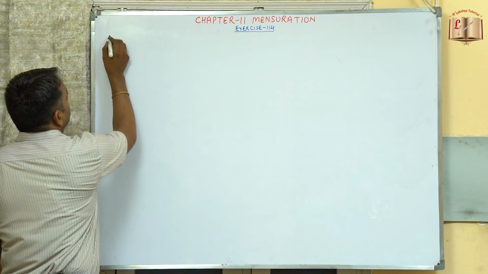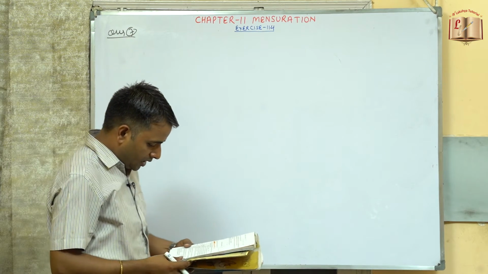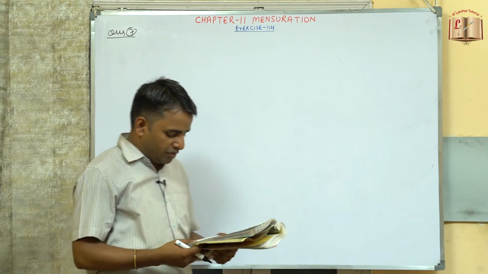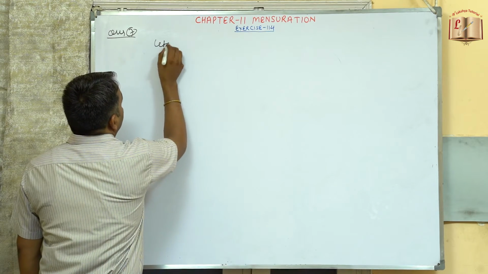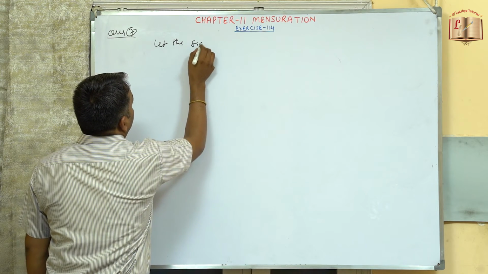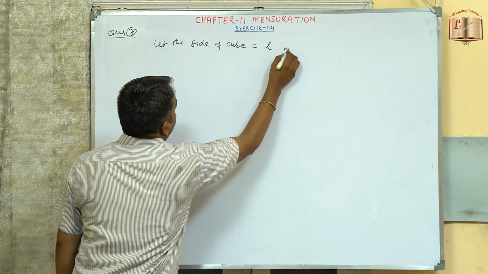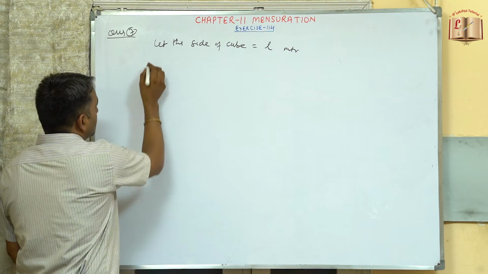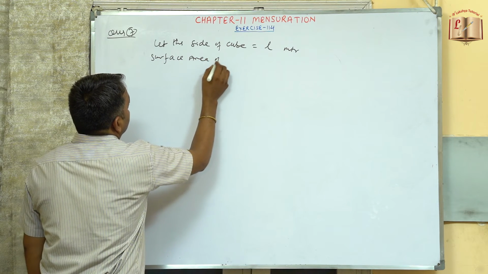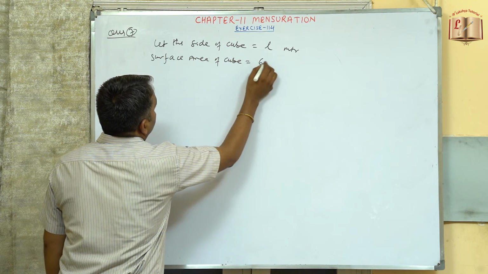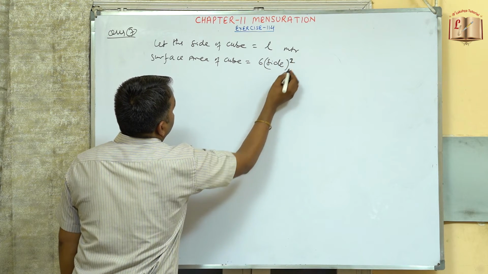So now coming to question number 7. If each edge of the cube is doubled, how many times will the surface area increase? Let the side of the cube be L meters. So the surface area of the cube will be 6 times side square.